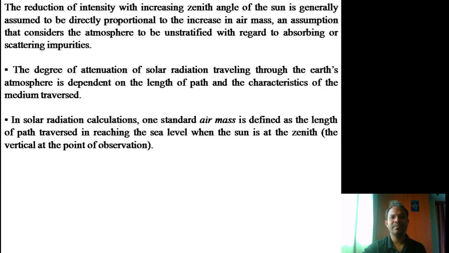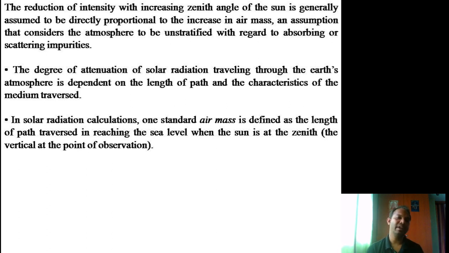The reduction of intensity with increasing zenith angle of the sun is generally assumed to be directly proportional to the increase in air mass, an assumption that considers the atmosphere to be unstratified with regard to absorbing or scattering impurities. Now, here is your answer for the doubt. We are making some assumption.